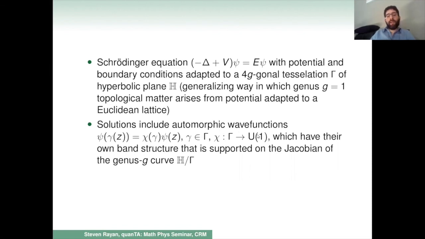And really what we're getting is the Jacobian of this genus G curve. So if I take G equal to 2 and I have an 8-gonal tessellation of the hyperbolic plane, I will get a genus 2 Riemann surface. And these characters are giving me points in the Jacobian of that genus 2 surface.